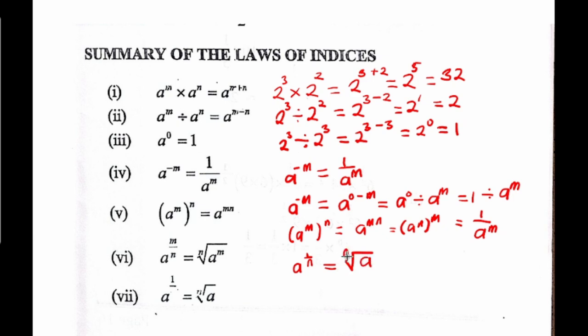So if this is true, then it means a to the power of m all over n is the same thing as the nth root of a to the power of m, which is still the same thing as the nth root of a, to the power of m, whichever one comes first.